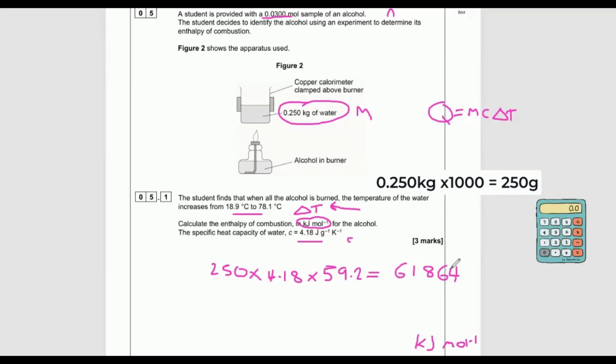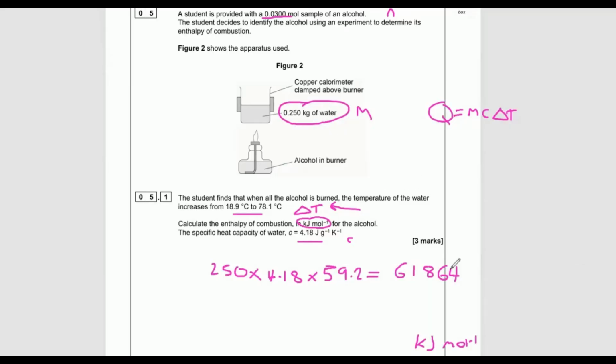So you've got 250 times 4.18 times 59.2, and that's going to give you 61,864 joules. That is your energy transfer, but that is in joules. Now you can see our answer is supposed to be in kilojoules per mole. So we need to divide by 1,000, 61,864, and that will give us 61.864 kilojoules of energy was transferred into the water.